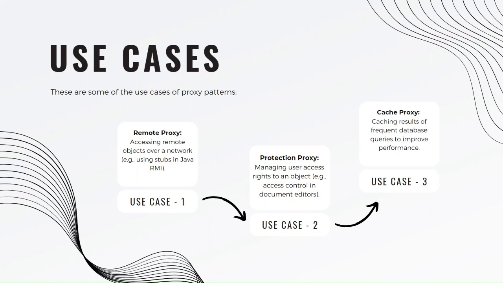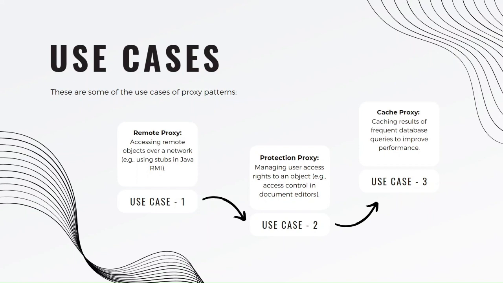Remote proxy helps to access remote objects over a network, and the protection proxy is used to manage user access rights to an object, for example access control in document editors. And cache proxy caches results of frequent database queries to improve performance.